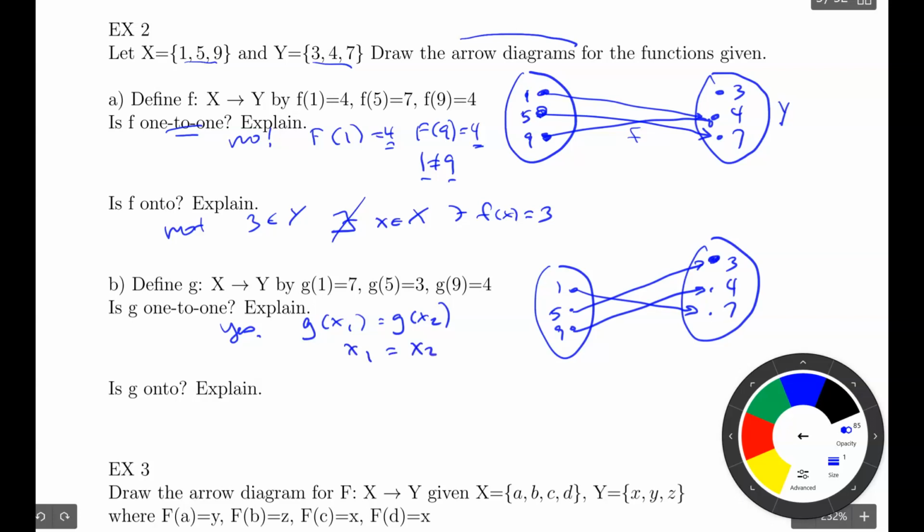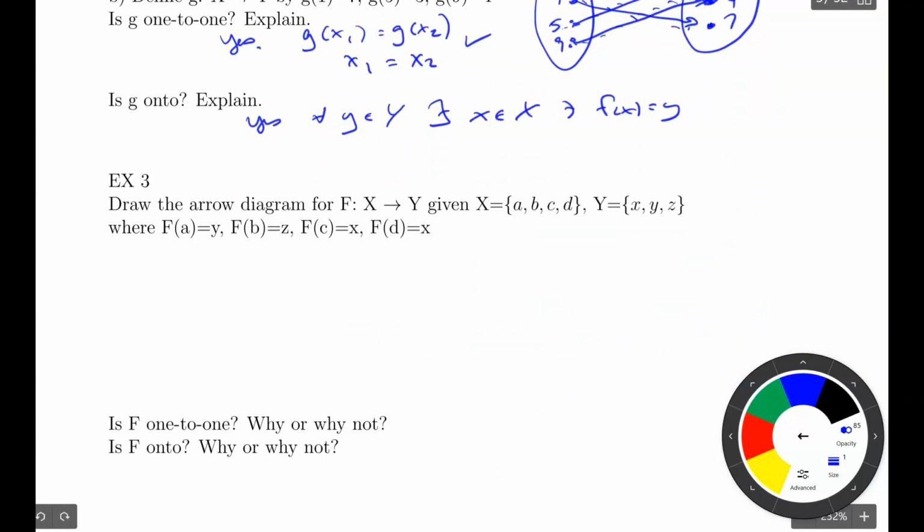So anytime I pick something in here, there's exactly one item going to it, right? Pick something in here, there's exactly one that goes to it. So yes. Is it onto? Yes. For every y in y, there is an x in x such that f of x equals y. So that means it's onto.